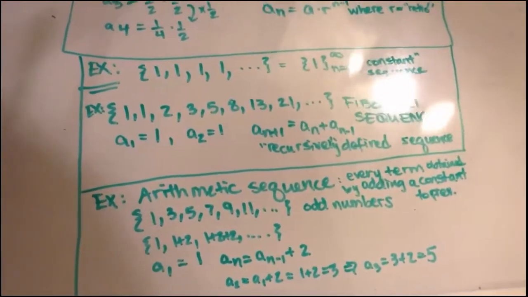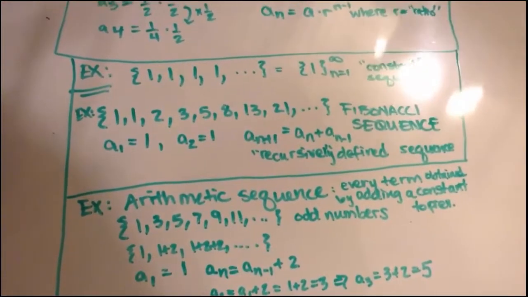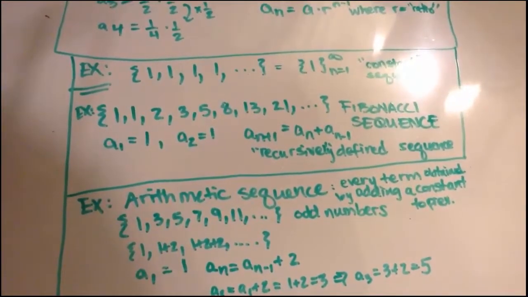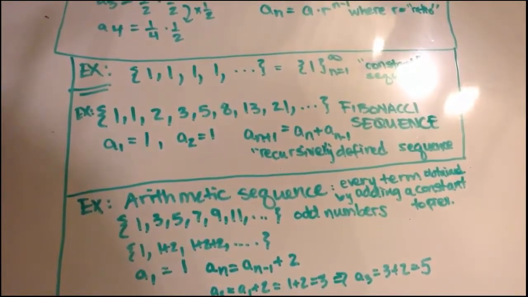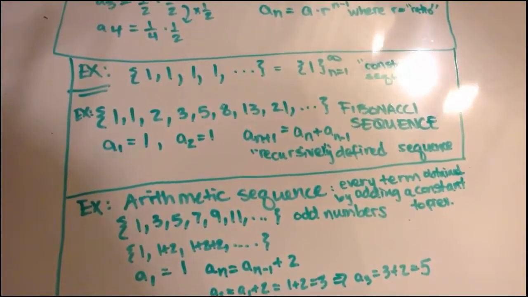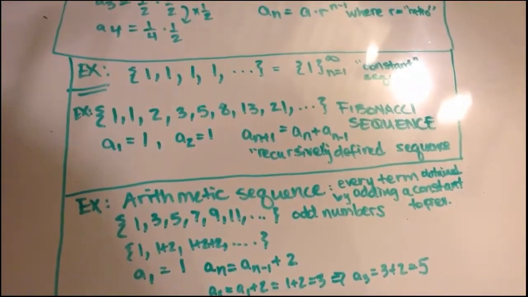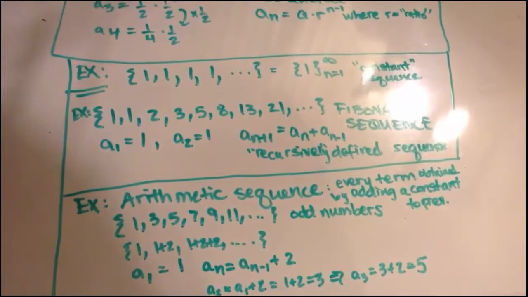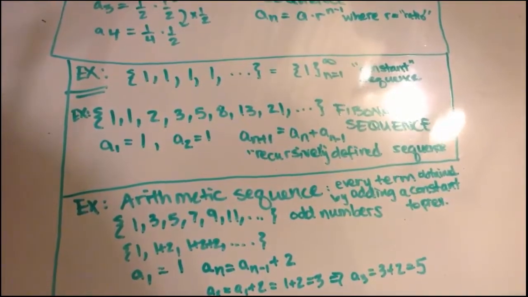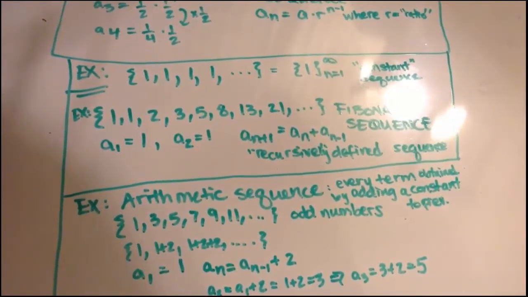Now you'll notice in most of the examples I've shown here, we have sequences where the values keep getting bigger as n grows. That was the case with this arithmetic sequence. The numbers keep getting larger, as well as with the Fibonacci sequence.